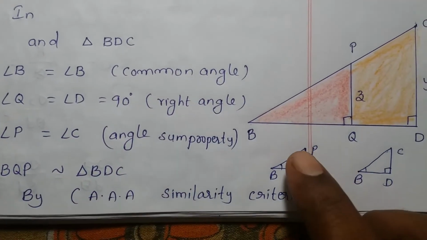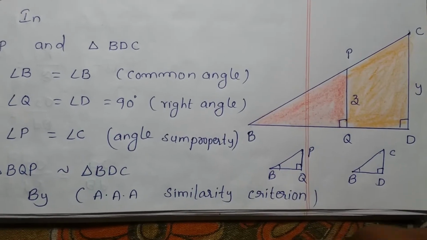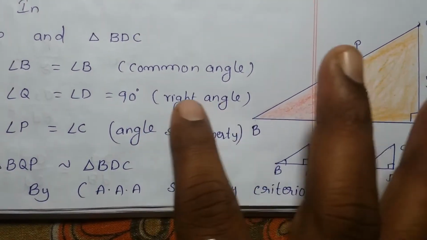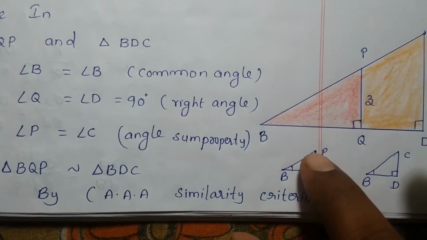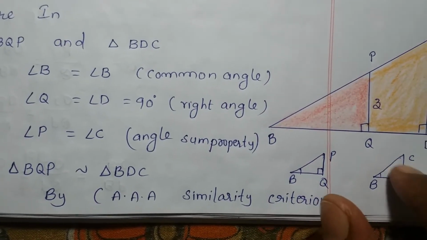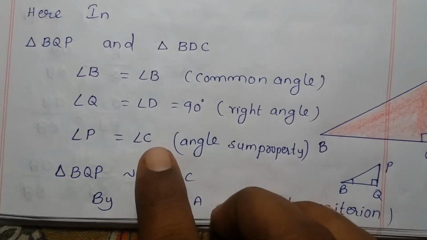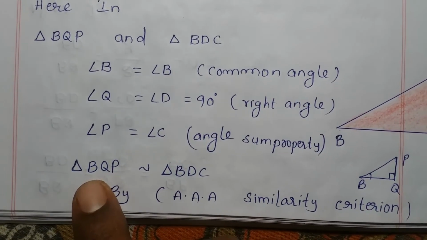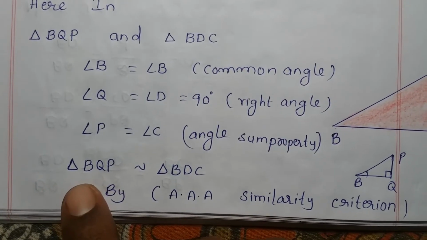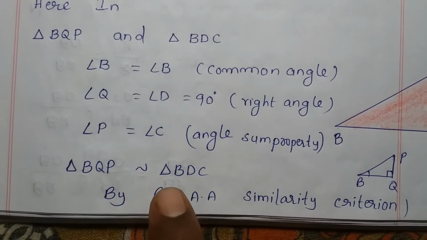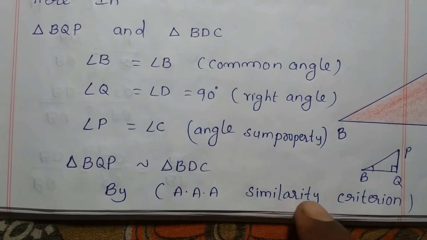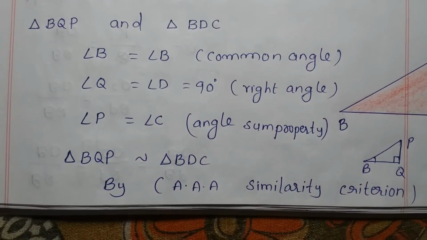And similarly, if two angles are equal, the third angle also will be equal by using angle sum property. Therefore, angle P equal to angle C. So, therefore, we can conclude that triangle BQP is similar to triangle BDC by angle-angle similarity criterion.